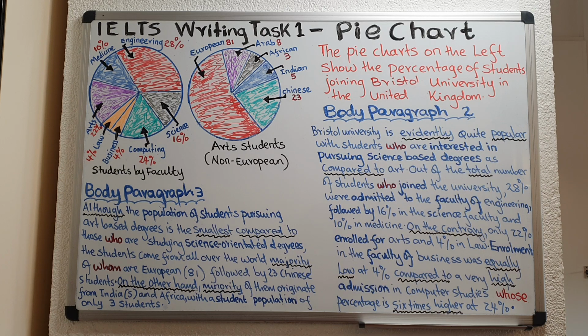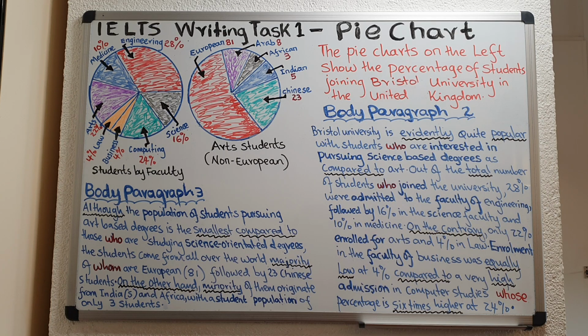When we're talking about science-based degrees, we are talking about engineering, which has 28%, medicine, which has 10%, that is 38%, and then we have science, which has 16%. Now, when you compare that to the arts degrees, we have arts with 22% and we have law with 4%.